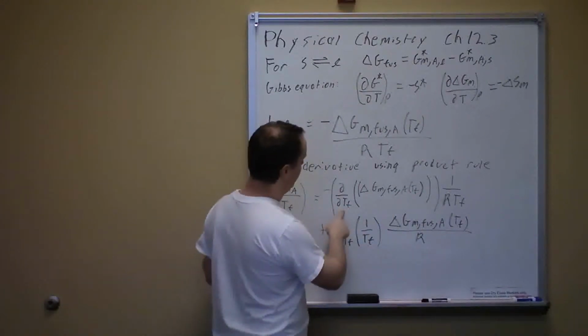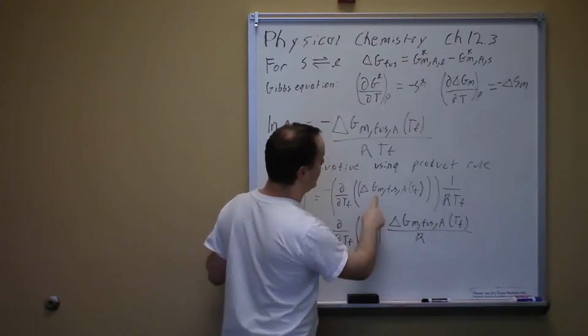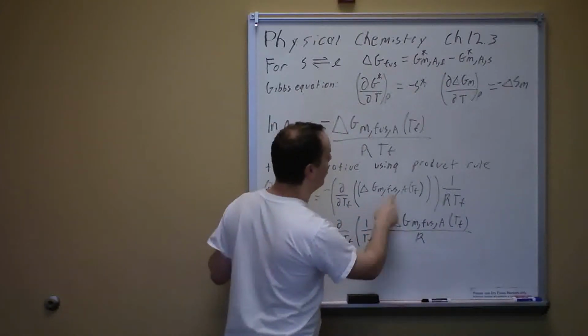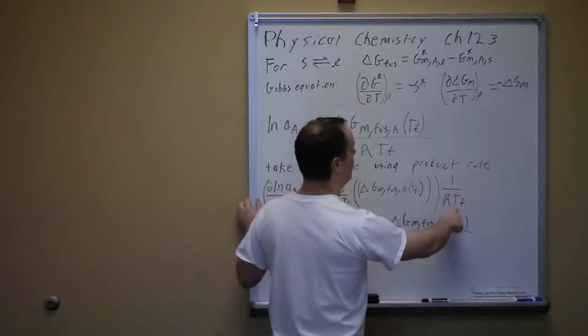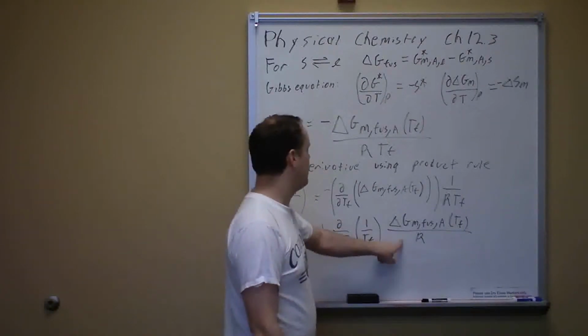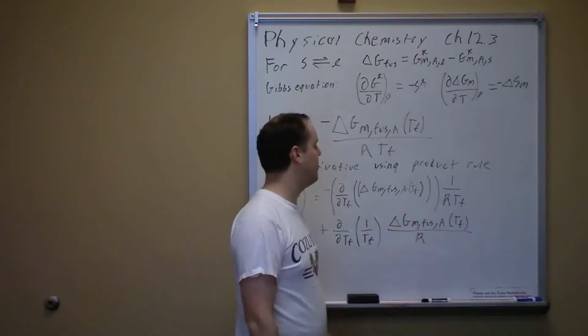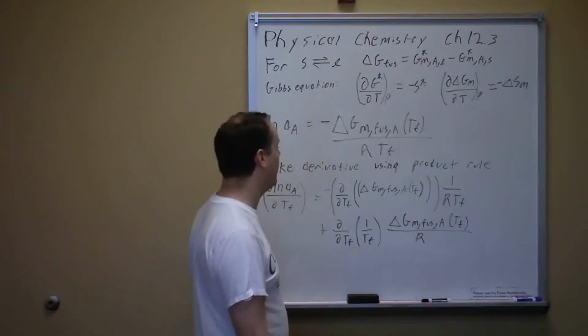So we're going to have the derivative with respect to freezing point temperature of the change in the molar Gibbs free energy of fusion of substance A at the freezing point temperature, times 1 over RT_F. And then plus the derivative of 1 over T_F times delta molar Gibbs free energy of fusion of substance A at the freezing point temperature divided by R.